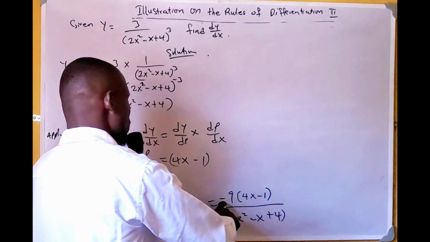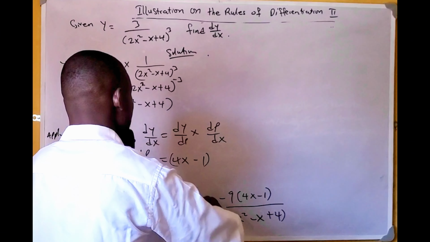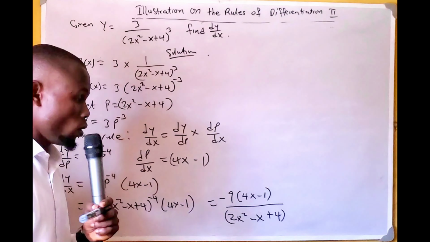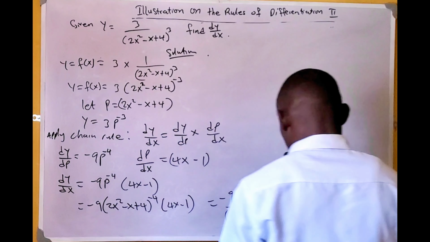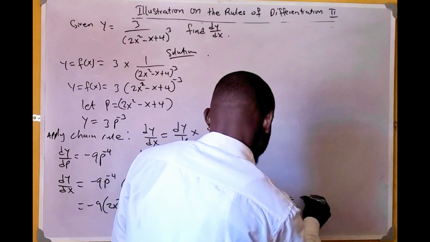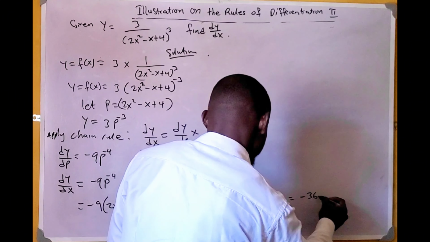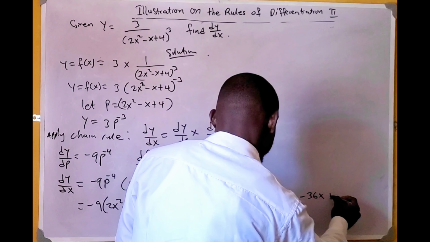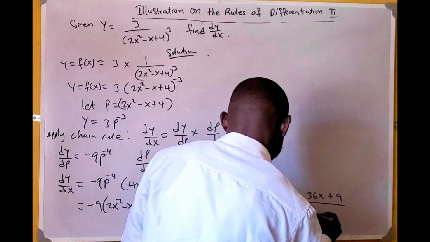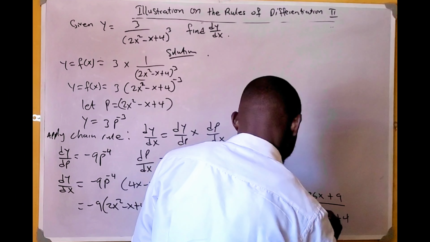You can multiply everything here by minus 1, or you can actually multiply everything here by minus 9. So if I choose to multiply everything here by minus 9, what will I have there? This will be minus 36x plus 9 all over 2x squared minus x plus 4.